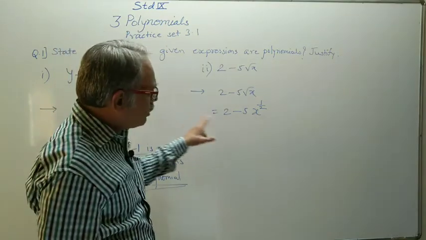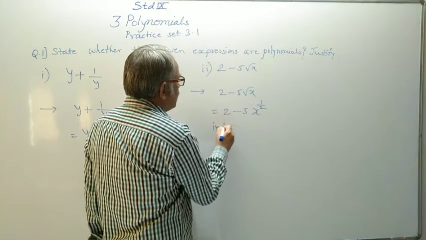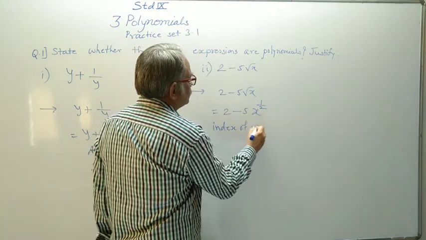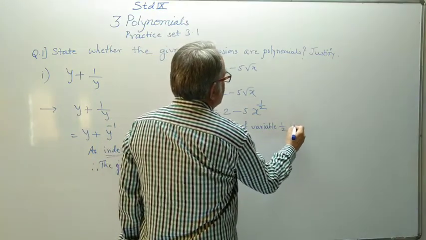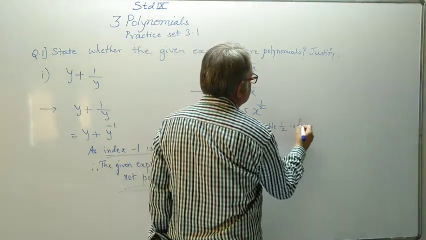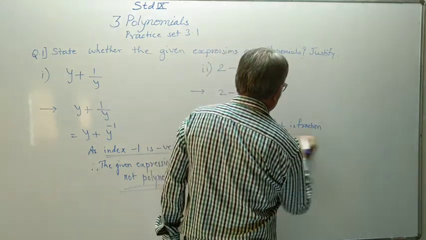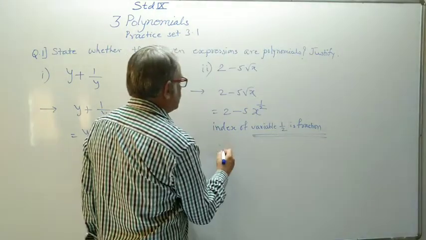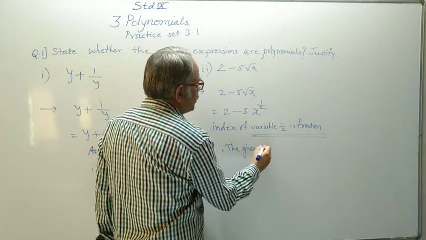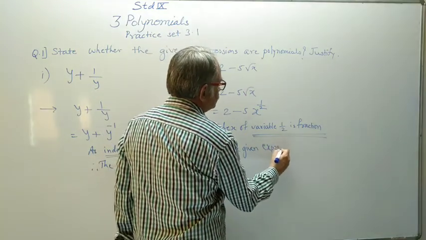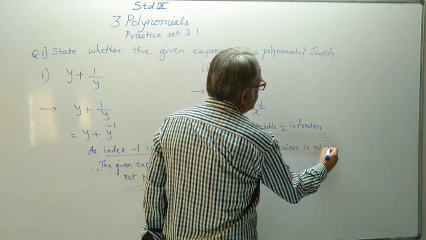It was told to you all the indices must be integers. The index of the variable, half, is a fraction, not a positive integer. Therefore, the given expression is not a polynomial.